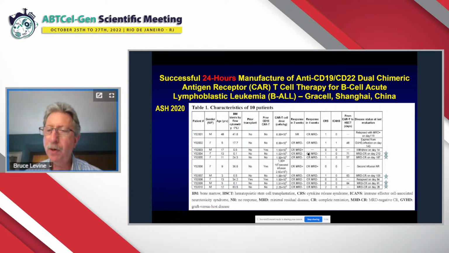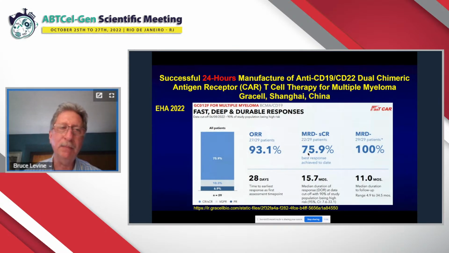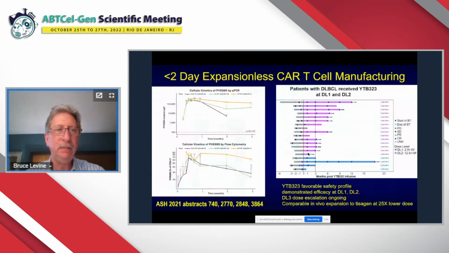The stars here are marked complete responses. And they had an update at the EHA meeting this spring in 29 patients, 27 demonstrate a response. That's significant. I think this needs to be confirmed, but there are some other issues when we think about a 1-day process that I'll get to in a moment.